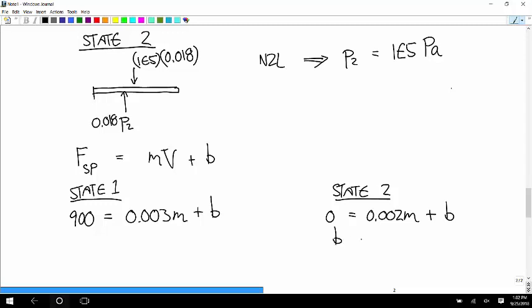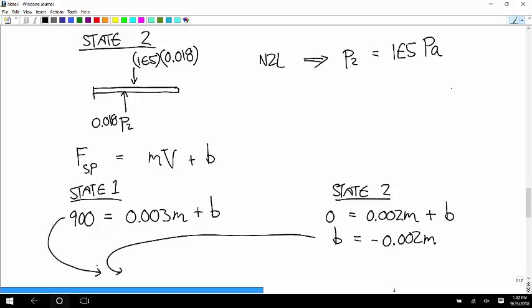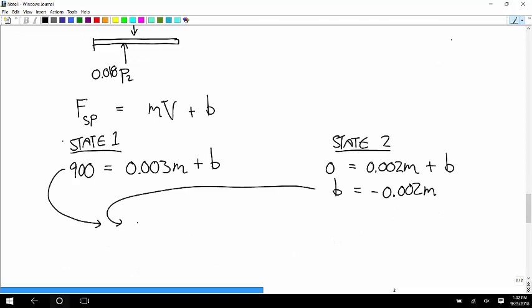So from this one, you can see b is equal to negative 0.002 m. And then substitute it into the first one, and you get 900 is equal to 0.003 m minus 0.002 m. So 0.001 m. And so m is equal to 900,000.